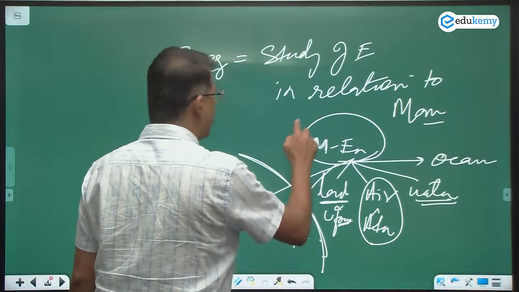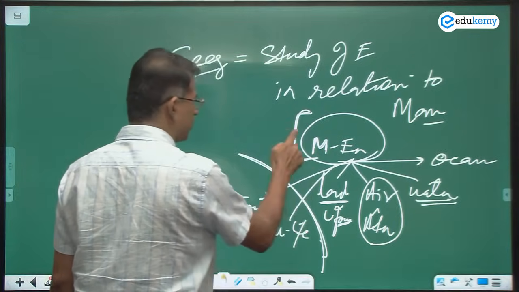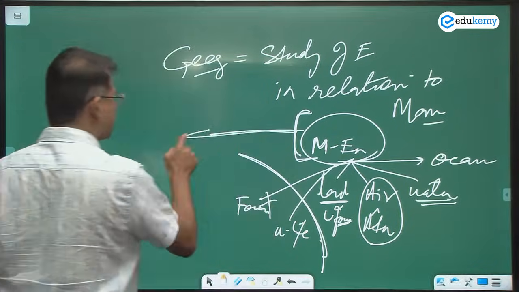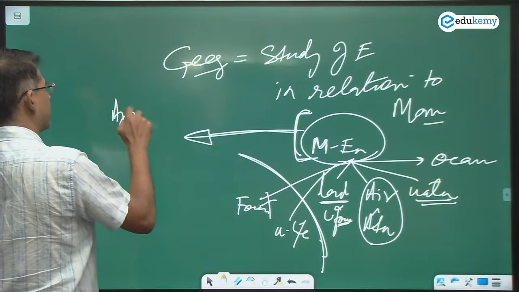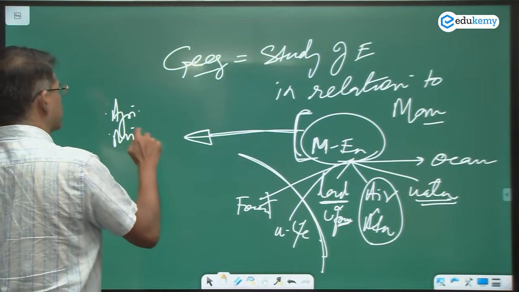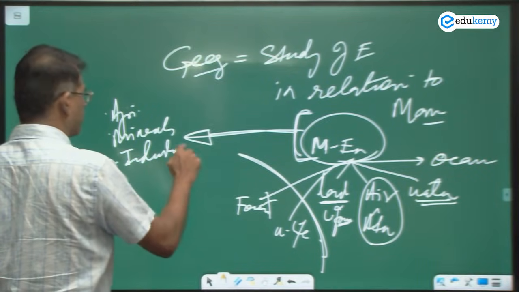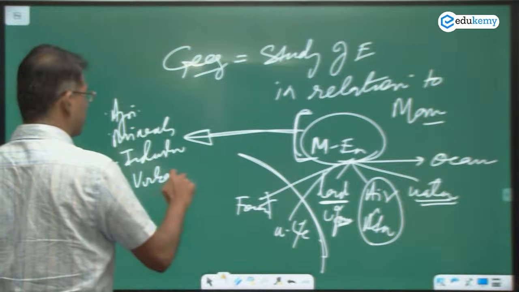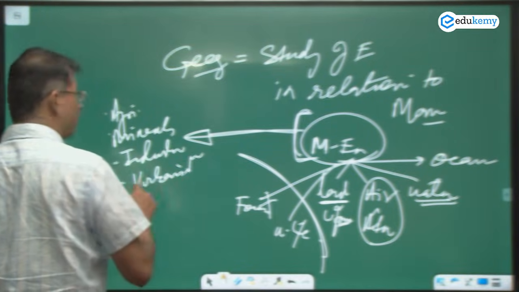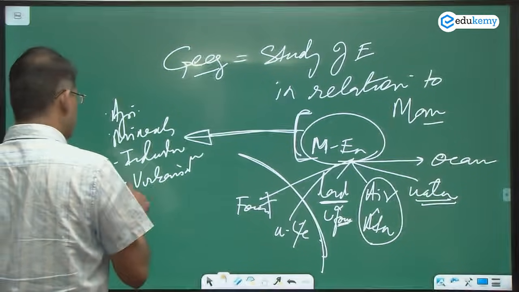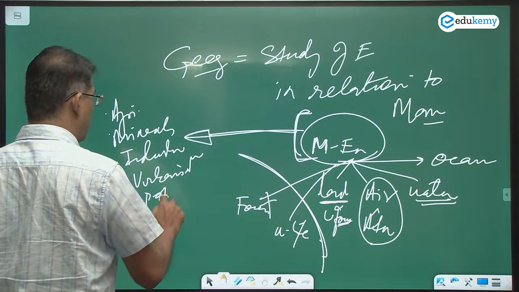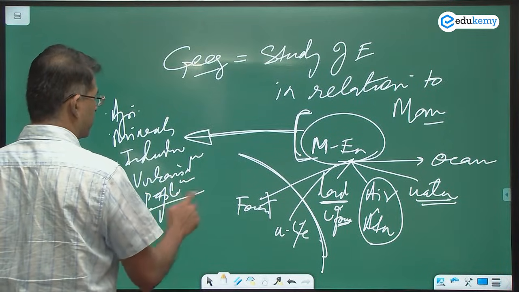And because of the interaction, what do I get? I get agriculture. I get minerals. We get industries. We have urbanization. We have issues linked to populations.